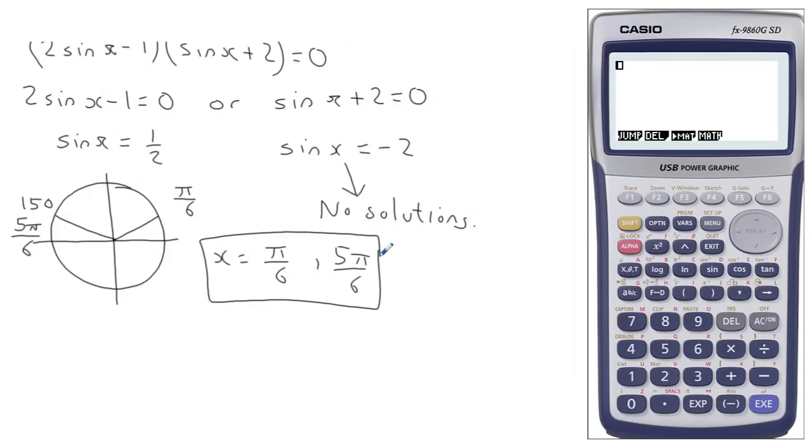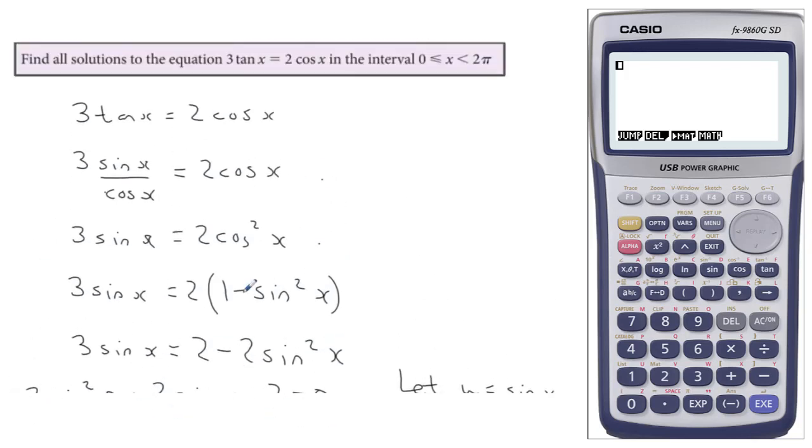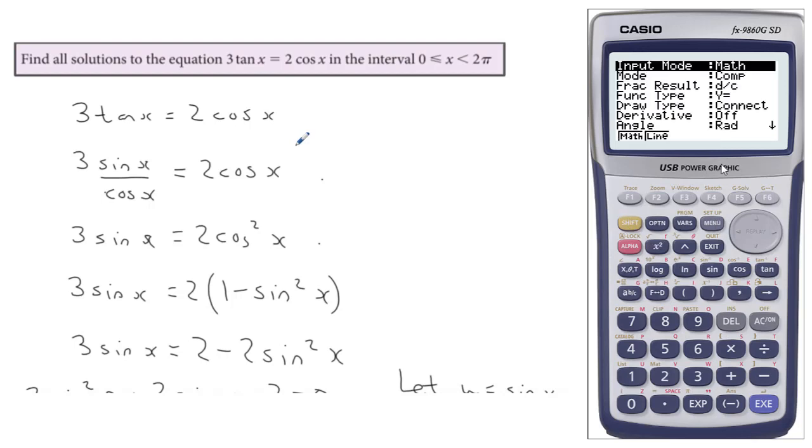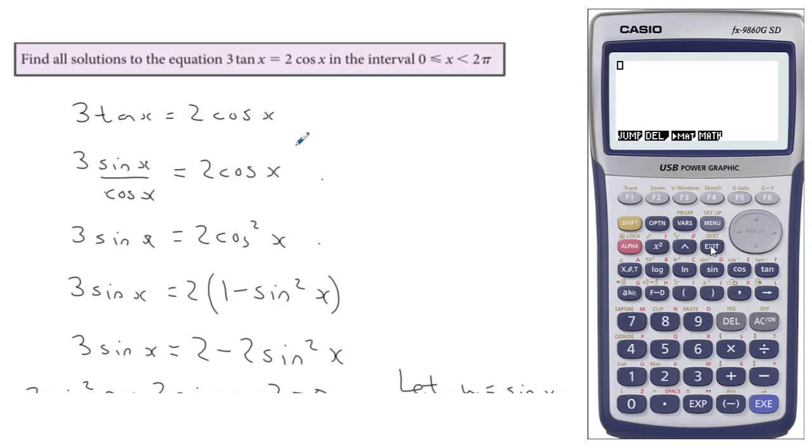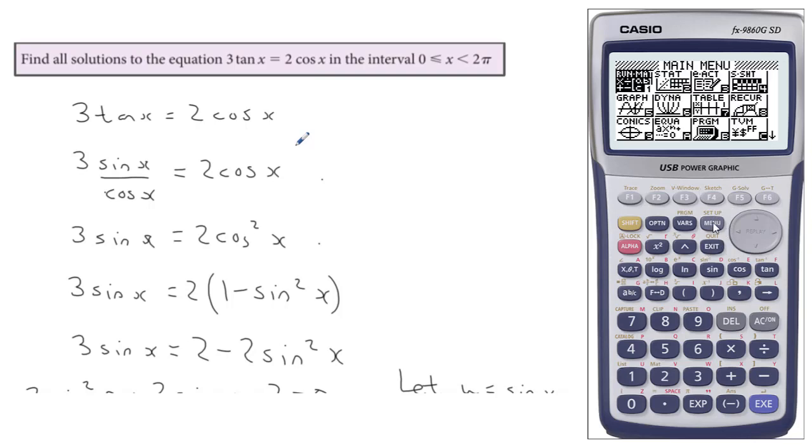So if we just go to the calculator to solve the initial equation, which is 3 tan x equals 2 cos x. So we just go to our calculator, make sure we're in radian mode, obviously. We are in radian mode. Go to the graph.